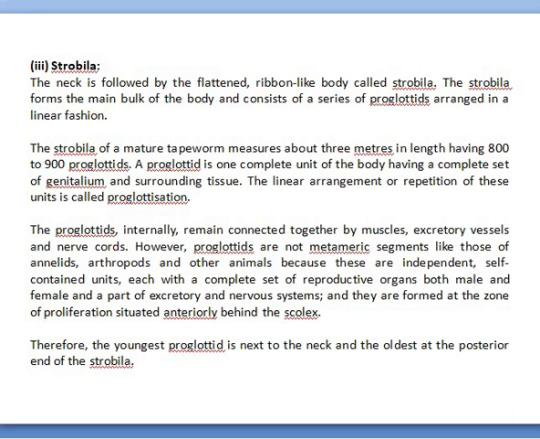Coming to the third region, the gravid proglottids. These are the oldest and lie towards the posterior side of the strobila, including nearly 150 to 200 proglottids. These segments are longer than their breadth and no reproductive organs are found in them.